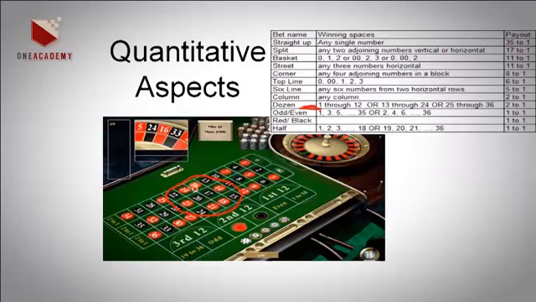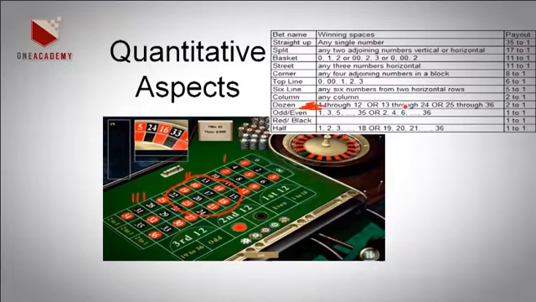So this is the first dozen, this is the second dozen, and this is the third dozen. If we bet together on all these numbers, the probability of this event occurring would be 12 divided by the number of possible outcomes, and the payoff for a dozen should be 2 to 1.